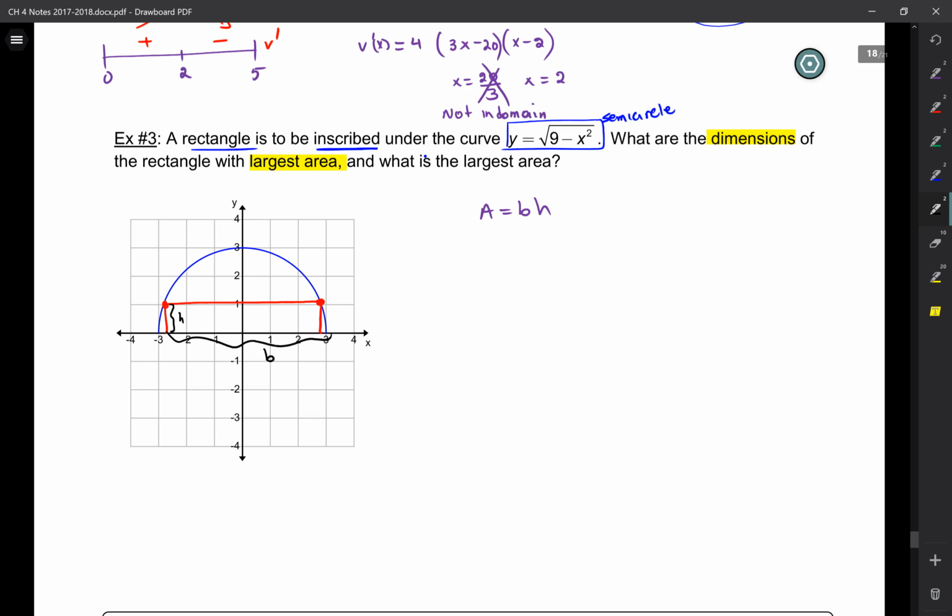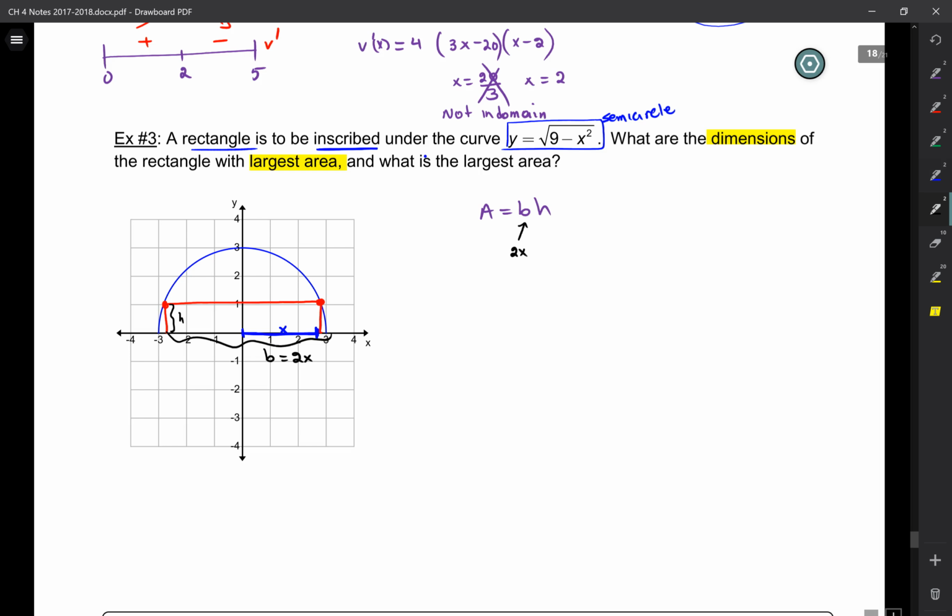We say the distance from here to here is x. That would mean, how much is the base? 2x. So here the base is 2x.